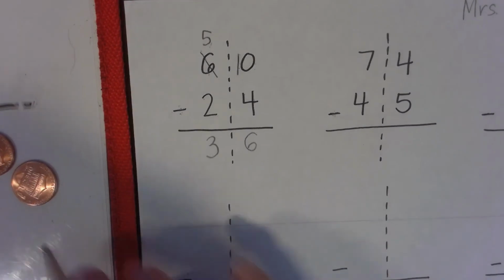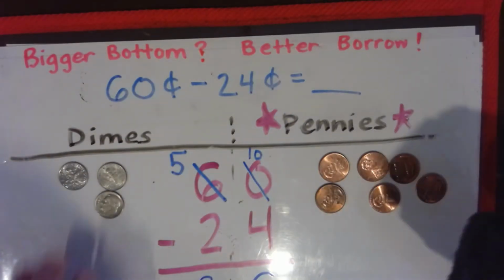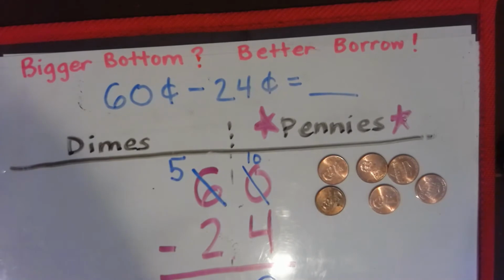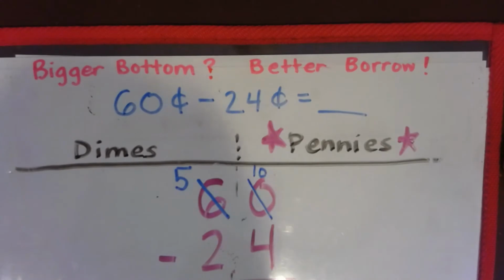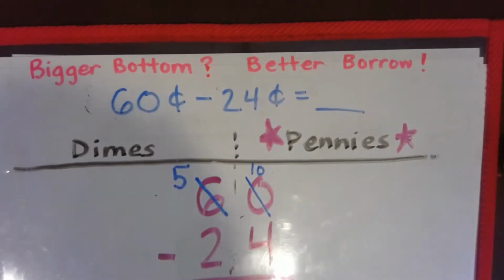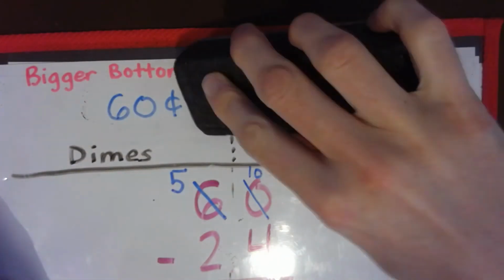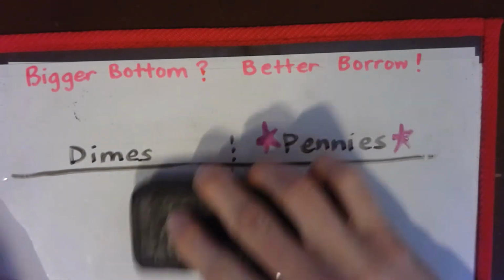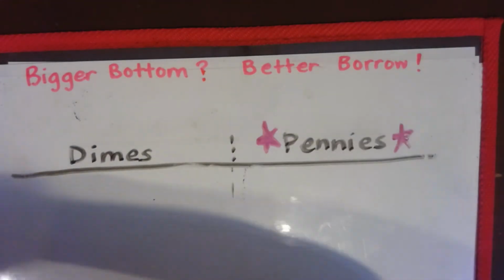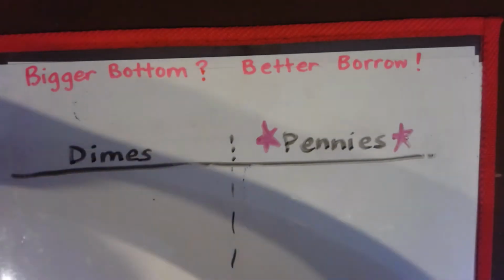We're going to try this one together. I'm going to show it on this board, so you're going to watch. And I'm going to slide over to this next problem. Take off my dimes and pennies. We have 74 minus 45. How will we write that?